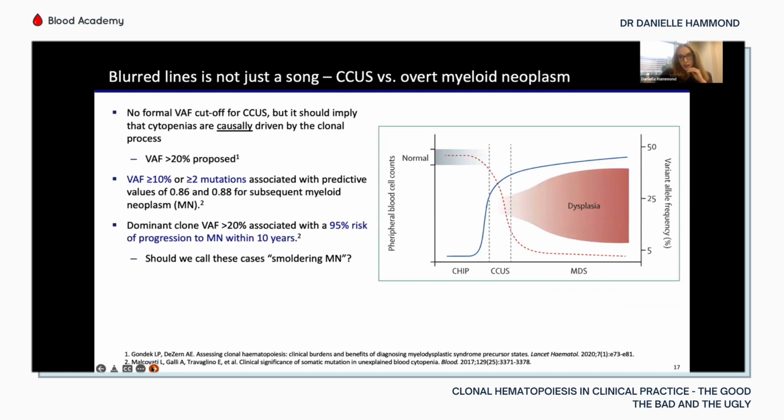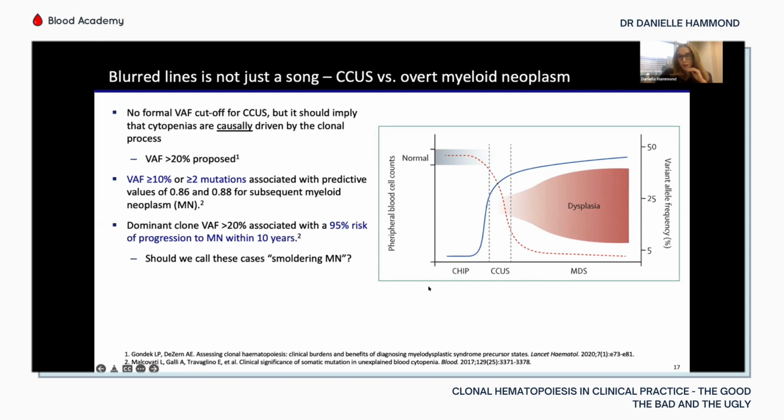So CCUS, or clonal cytopenias of undetermined significance, sits at the borderlands between CHIP and a bona fide hematologic, usually myeloid neoplasm, often with the only difference being that morphologically you actually start to see dysplasia to call this MDS.